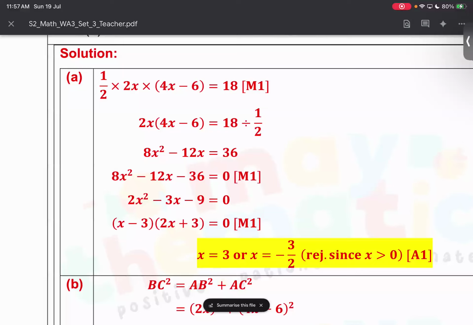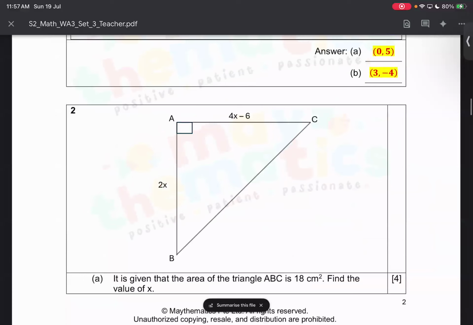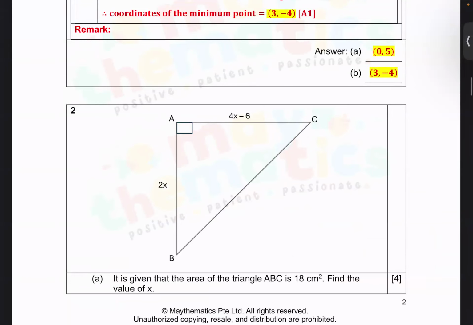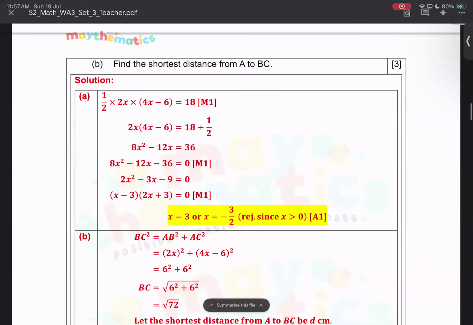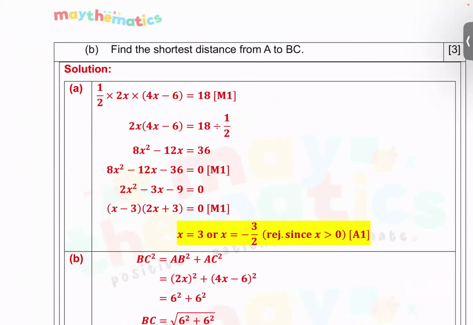Huh? So x times 4x minus 6. X but this one is 2x leh. Half times divided by. Oh, okay, can also. Oh, okay. Because this, wait, let me think. So you get x, 4x minus 6 equals to 18, correct?